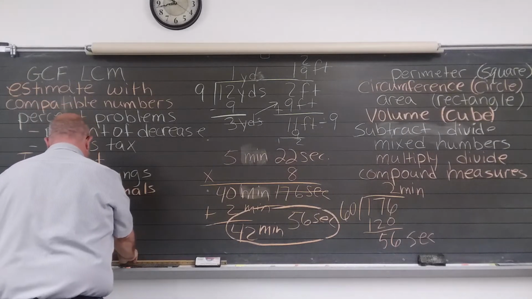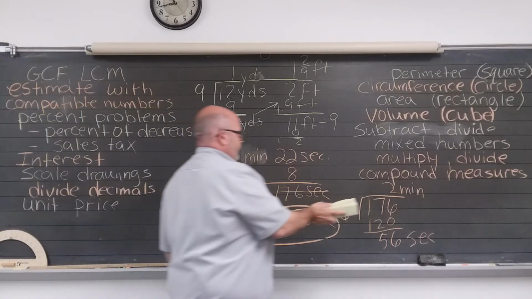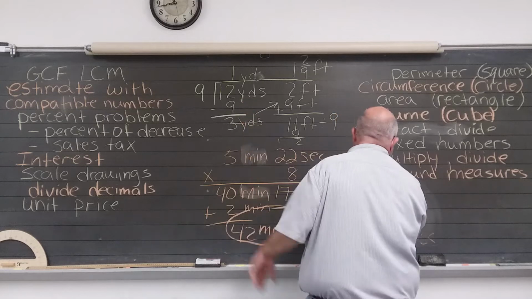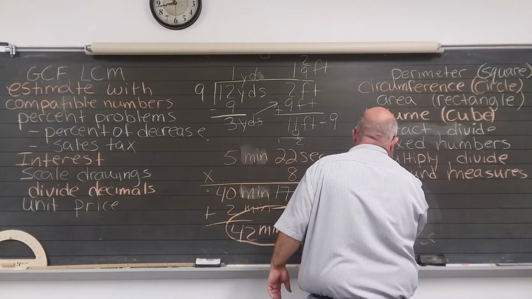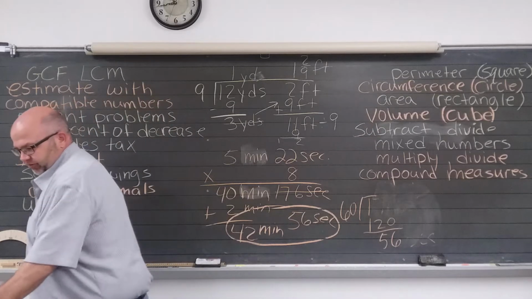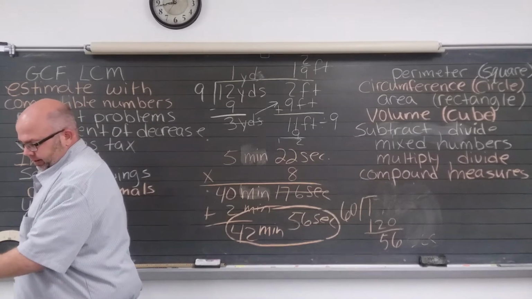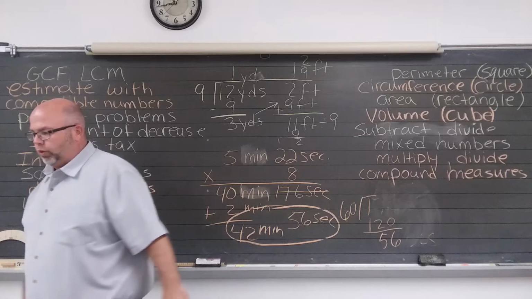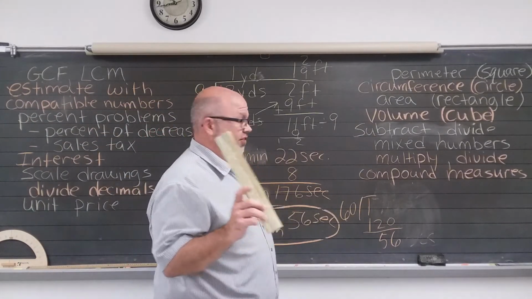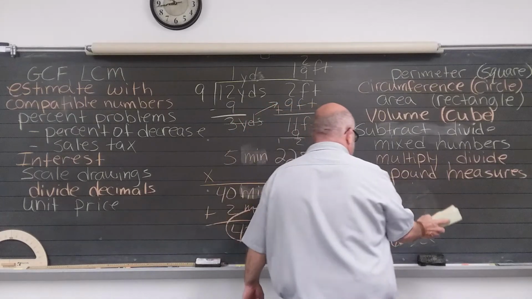All right. Get this erased. Got a bunch more to do. Think about greatest common factor and least common multiple. Start working on this. Find the greatest common factor and least common multiple for the numbers 12 and 27.